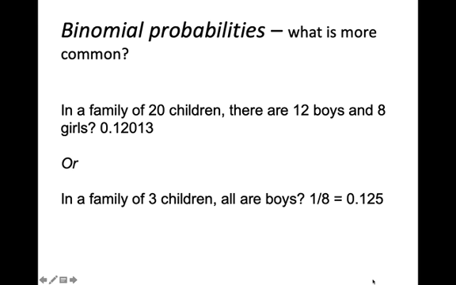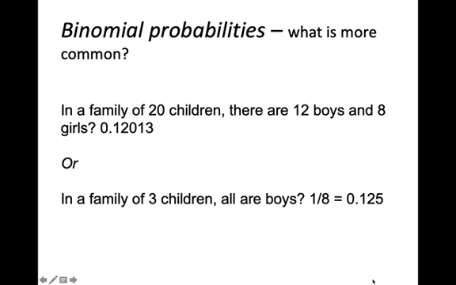So in a family of 20 children, that probability becomes 0.12013 that there are 12 boys. And in a family of 3 children, all are boys, is 0.125. So it's actually a slightly greater probability that there would be all boys among a cohort of 3 than 12 boys and 8 girls. Now, to be clear, we're talking about exactly 12 boys, exactly 8 girls in the family of 20 children.